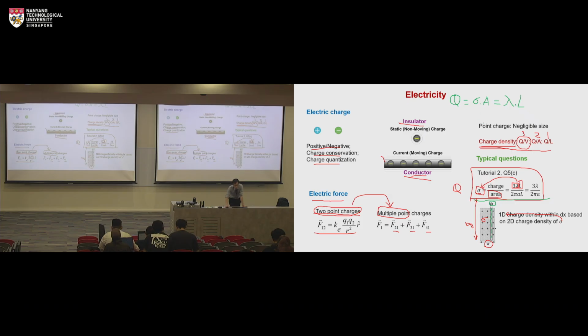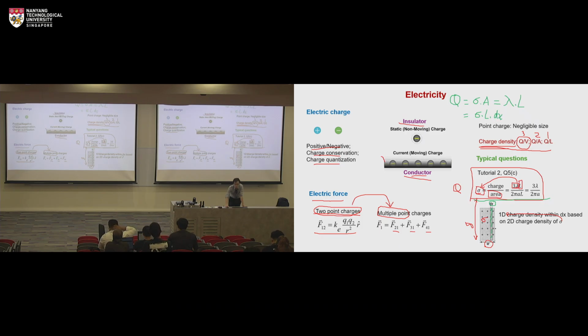Now we apply this specifically to this wire. If it's two-dimensional, then it's sigma times the area, where the length we just write as L, and the width of this wire is dx.